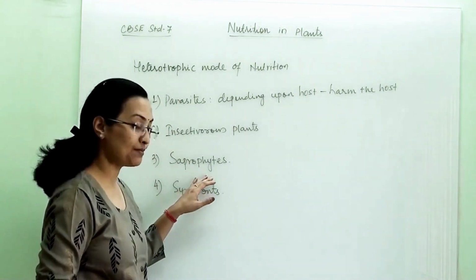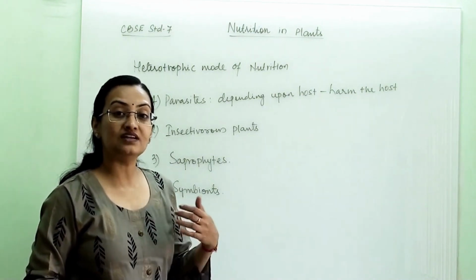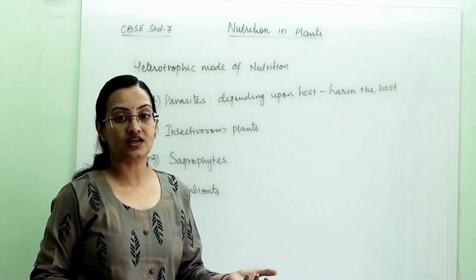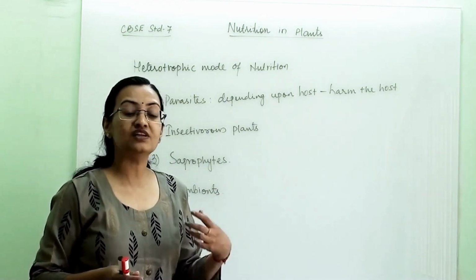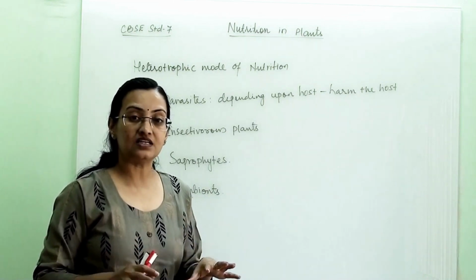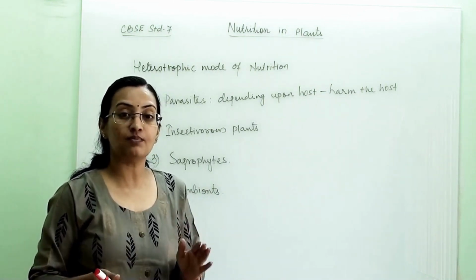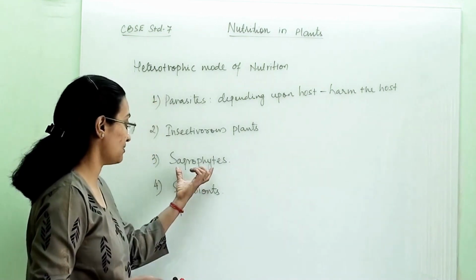Third are saprophytes. The organisms which are depending upon dead and decaying organic matter. Once the animal dies, or the leaves get dry and fall onto the earth, the bacteria and the organisms which are depending upon this dead and decaying material are known as saprophytes.